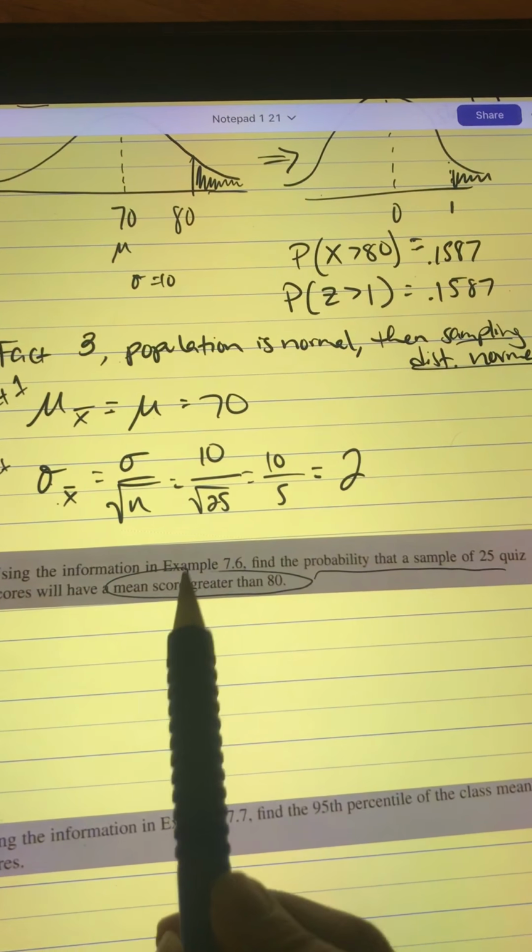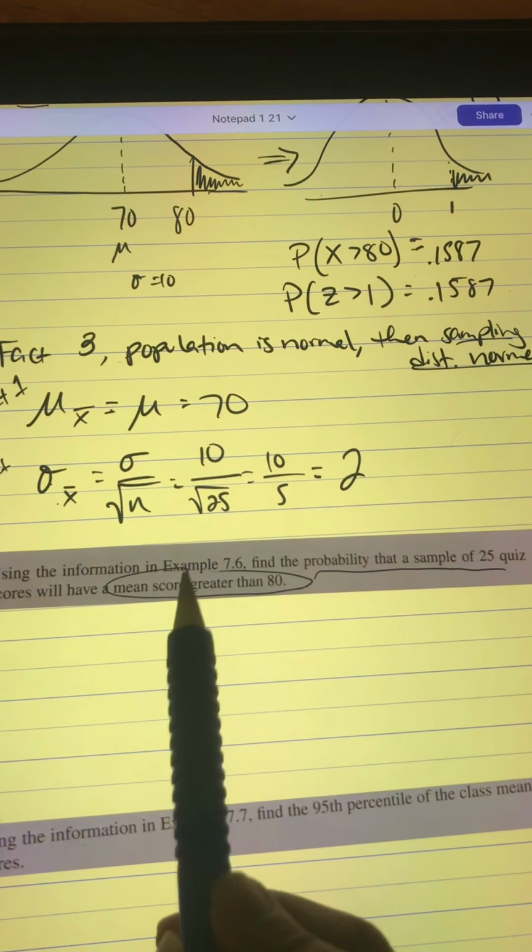So these are all sample pieces. Remember, this is x bar, the sample mean. This here we calculated to be 70, which was just because the population had it 70. And then the standard deviation of my sample is 2, because we calculated that up here.